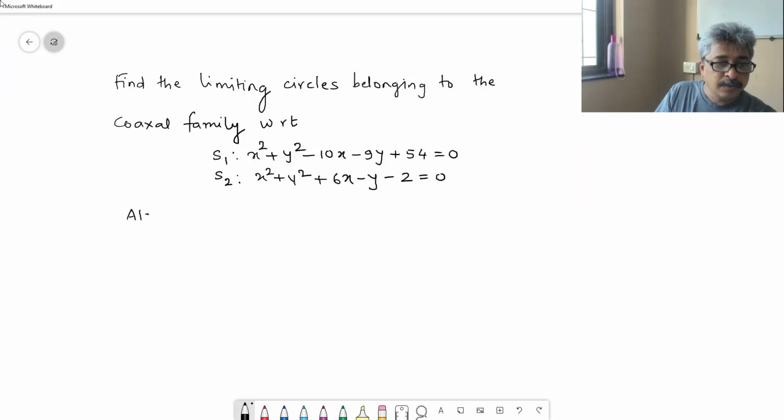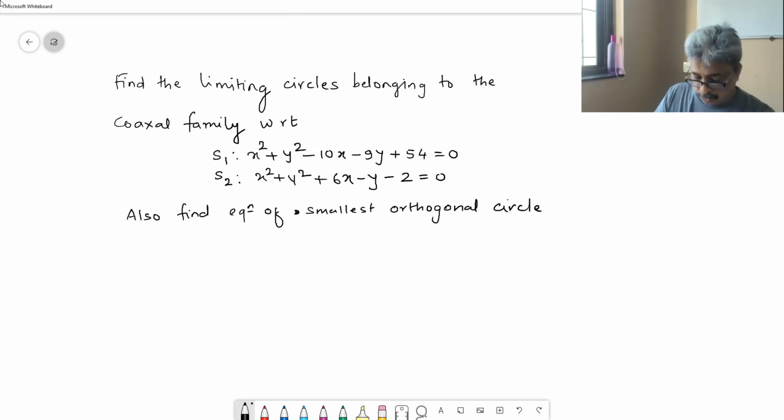Also find the equation of the smallest orthogonal circle to S1 and S2.